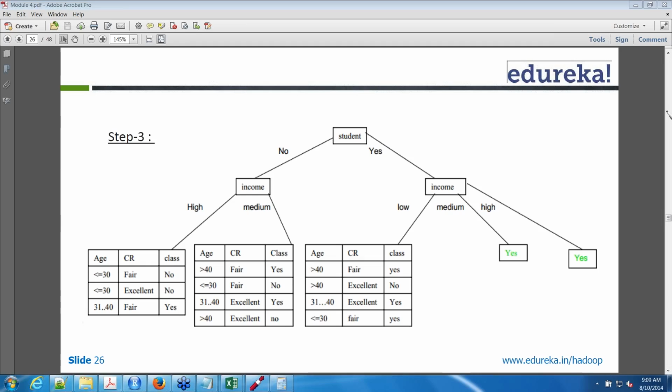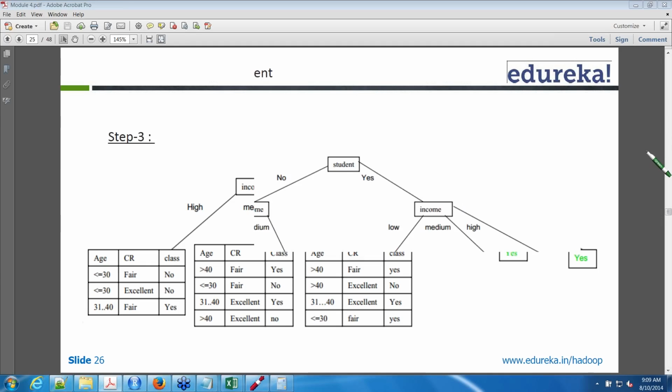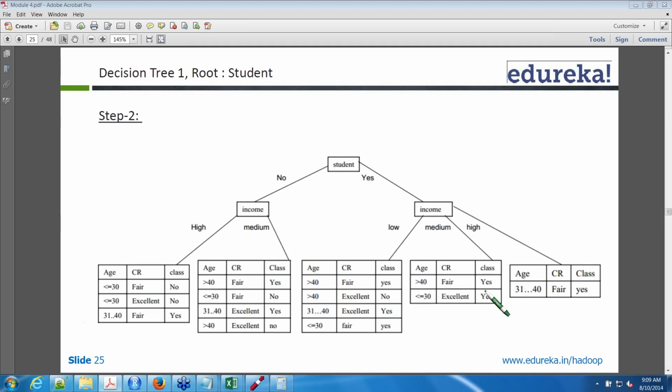No more iteration, because it cannot be split further. Yes, the class variable is unique. Do you see that, Sundar? The class variable is unique, so further we cannot split.